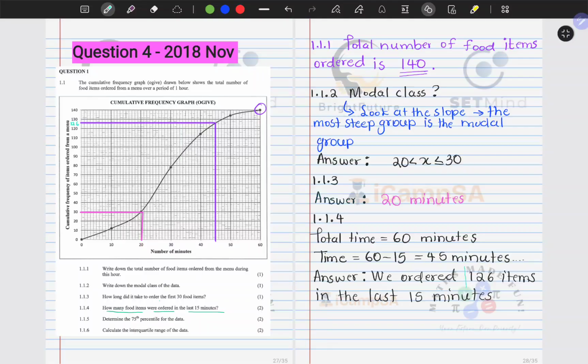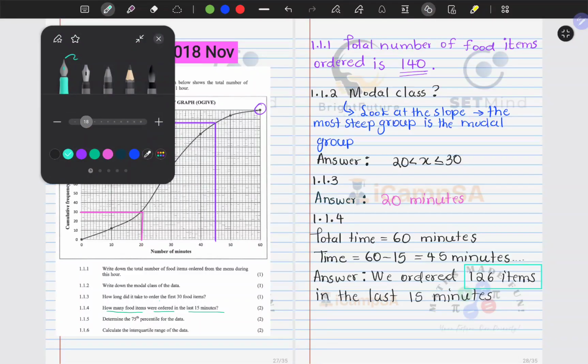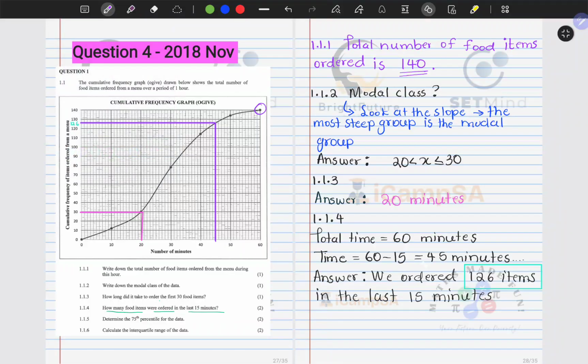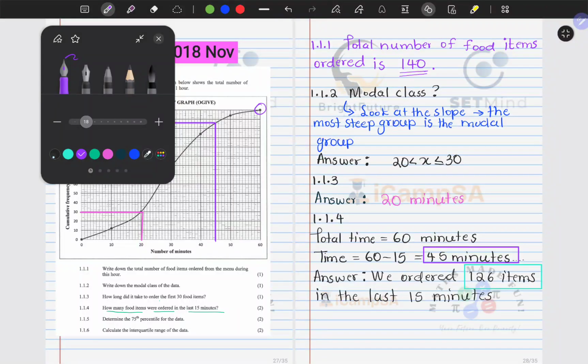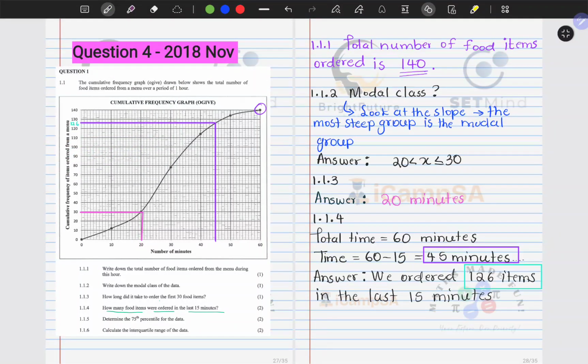I really hope that this does make some sense. It's very important that you understand every step that we undertake as part of solving this problem. So with that out of the way, let's have a look at the next question.